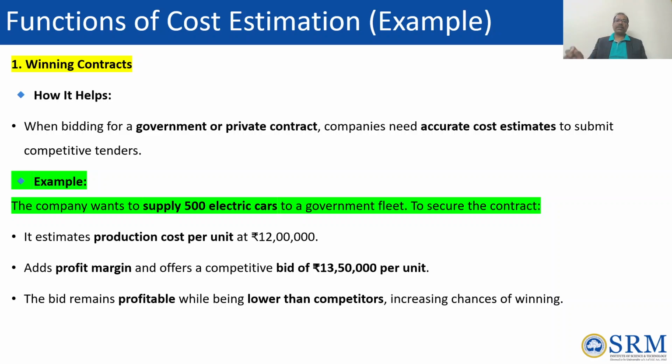They give a quote of 13 lakh 50,000 rupees per unit for each electric car. That bid remains profitable because 1.5 lakhs they are going to get as profit, while being lower than other competitors, increasing the chances of winning. Even you know that if you are giving 1 rupee less, they'll be giving you that particular contract, right? So this is one of the examples of how they plan, how they fix the cost.